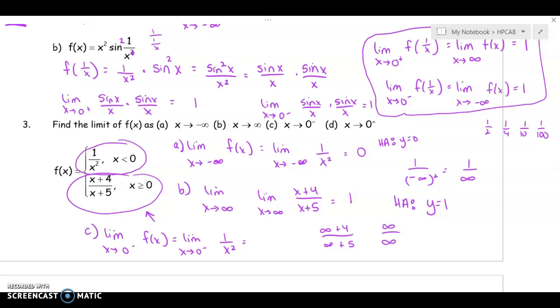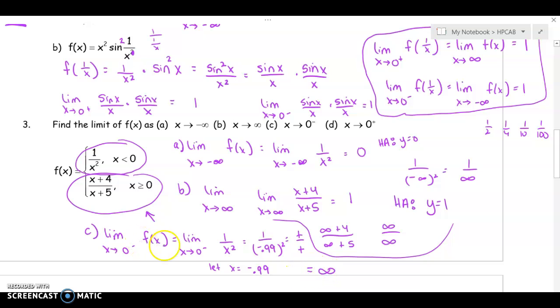But remember we did this on our last problem, we can just let x equal something really close to 0 from the left. So let x equal maybe negative 0.99. If you do that, you're going to end up with 1 all over negative 0.99 squared. You're going to end up with a positive over a positive, and so we know it's going to end up equaling infinity.